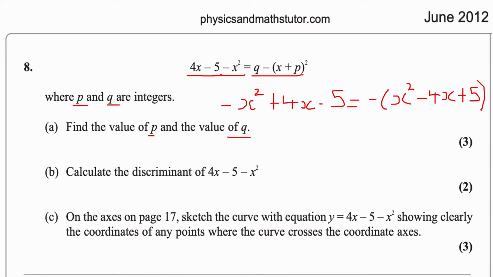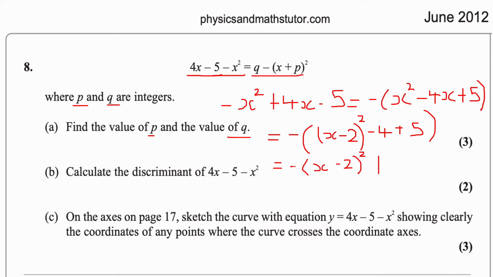I'm now going to complete the square on this quadratic, keeping the minus sign out. So I'm going to have minus bracket, and then x minus 2 all squared, so it's half of the coefficient of the x, and then you square that, and then you're going to have negative 4, and then plus 5 for that one.